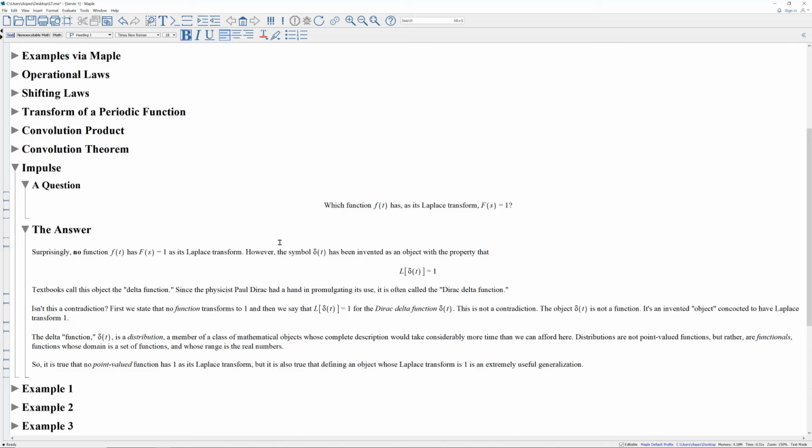Now, you and I know that this invented thing is a singular distribution. But we can't tell that to our students. They don't know what that means. So we invent this thing, the delta function, and we say its transform is 1. It's not a contradiction because this is not a pointwise function. It's not even a function. It's a functional.